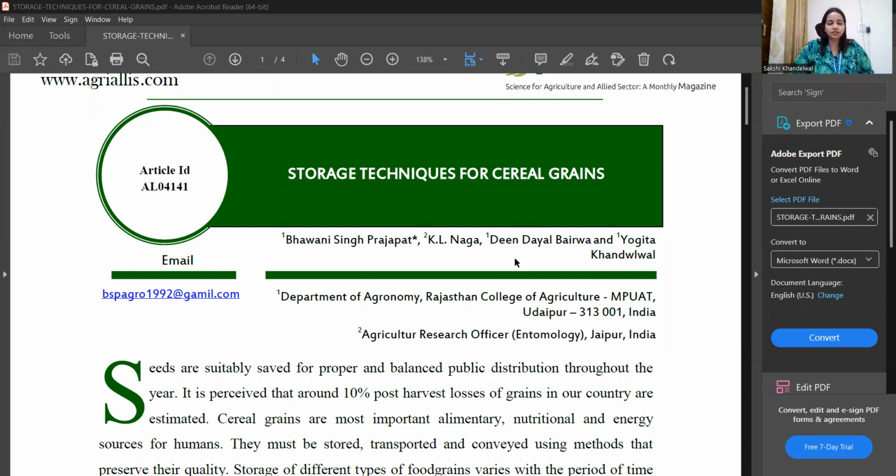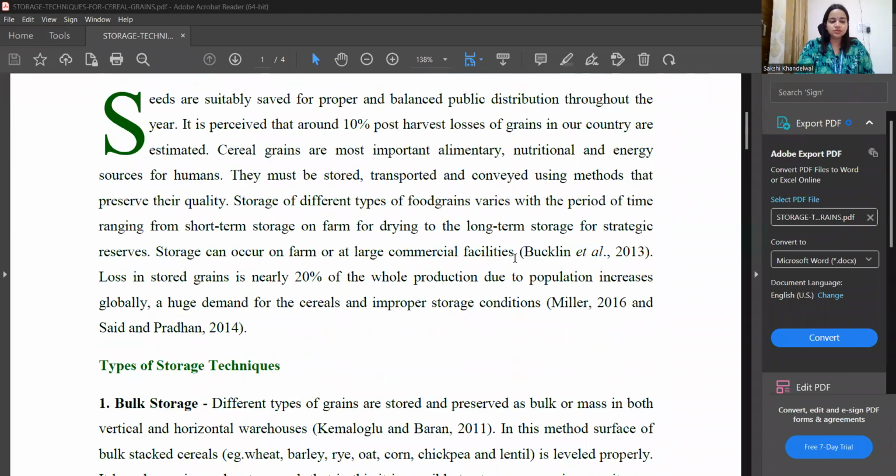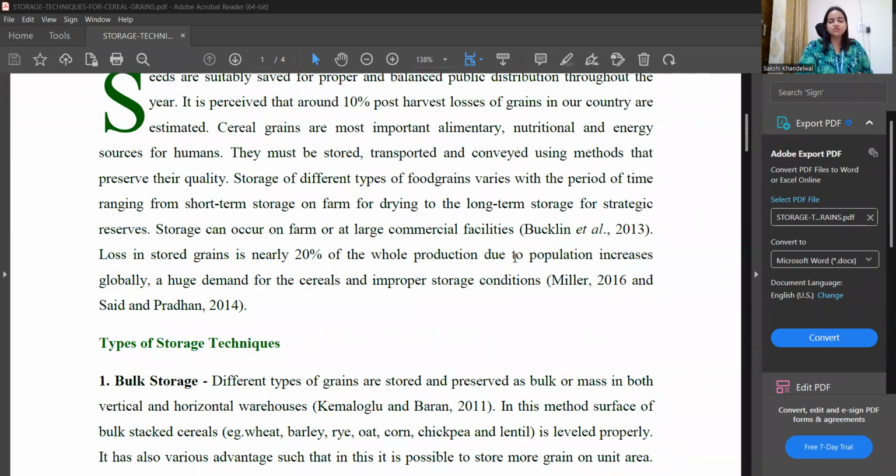Today, we are going to study storage techniques for cereals and grains. What are the different types of storage techniques to store the cereals, which are important and have nutritional energy for humans?